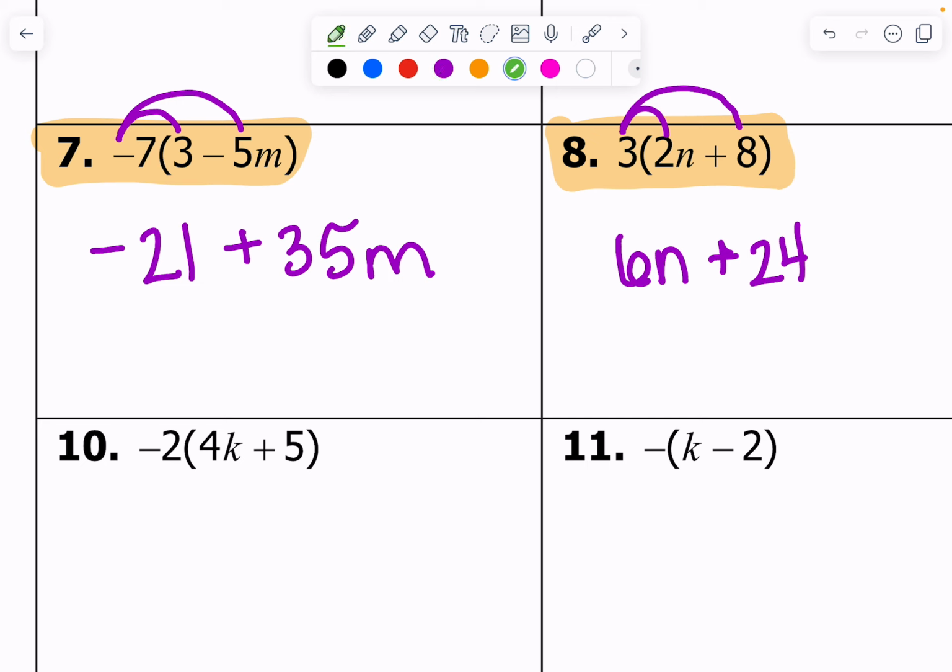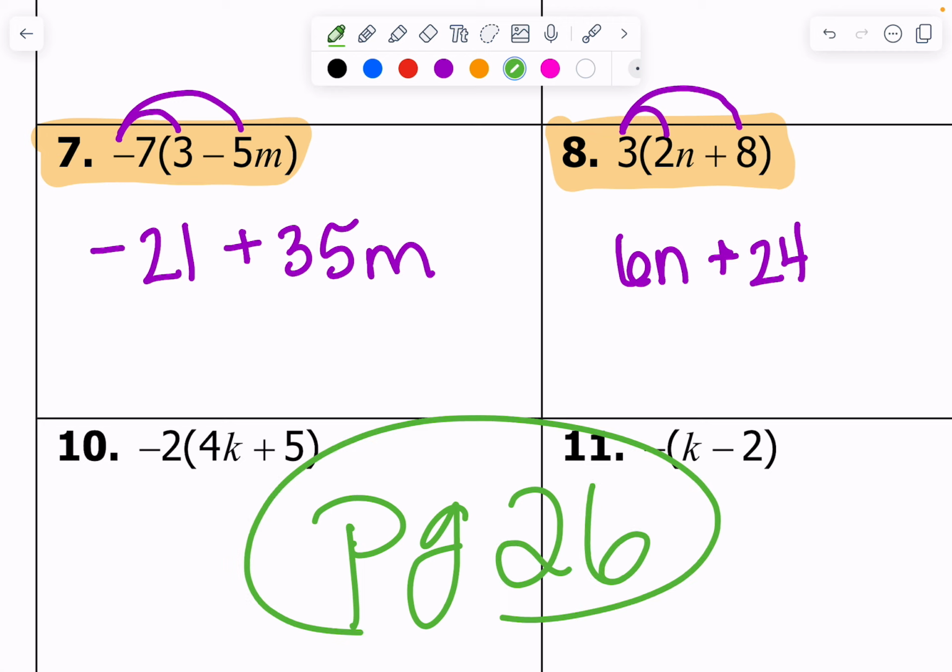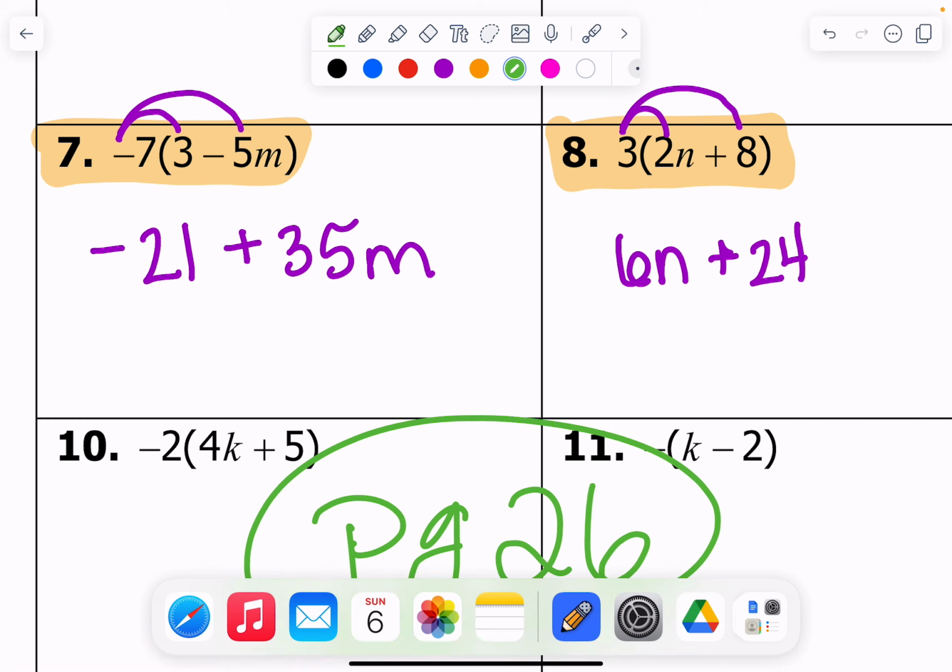So this is what your job for me is. I want you all to turn to page 26. There are 3 different sets of problems.